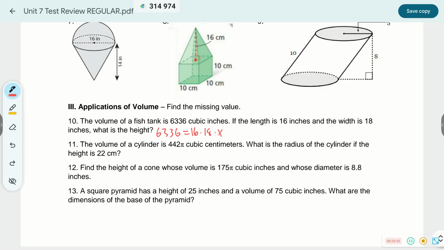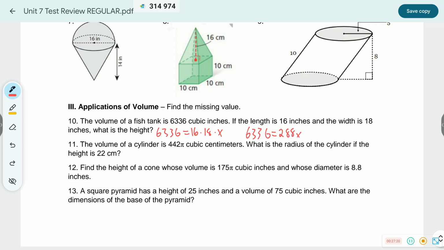Okay. So now we have 16 times 18, which is what? 288. 288x. Now we solve for the missing variable.